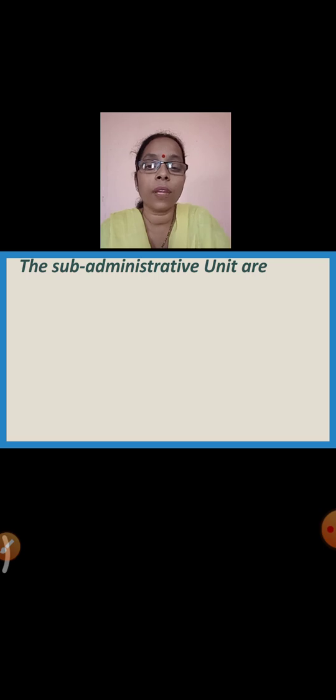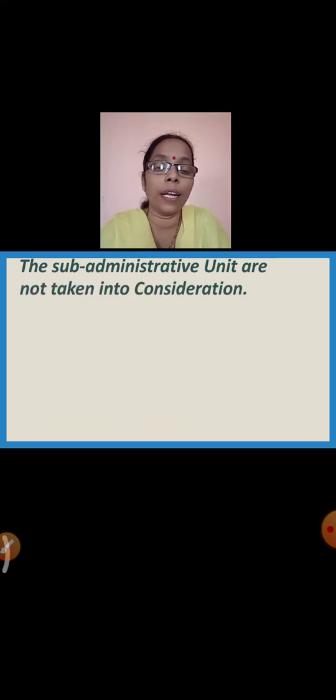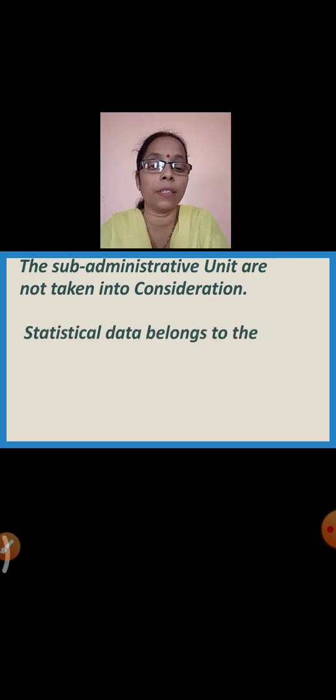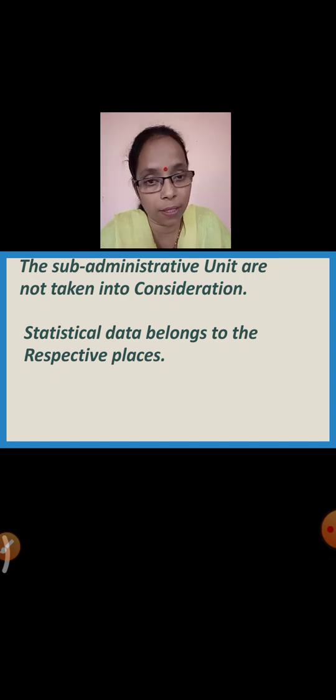Now the sub-administrative units are not taken into consideration. So in choropleth map we have seen that they consider the sub-administrative unit, whereas in isopleth map we don't consider the sub-administrative unit, and the statistical data belongs to those respective places.